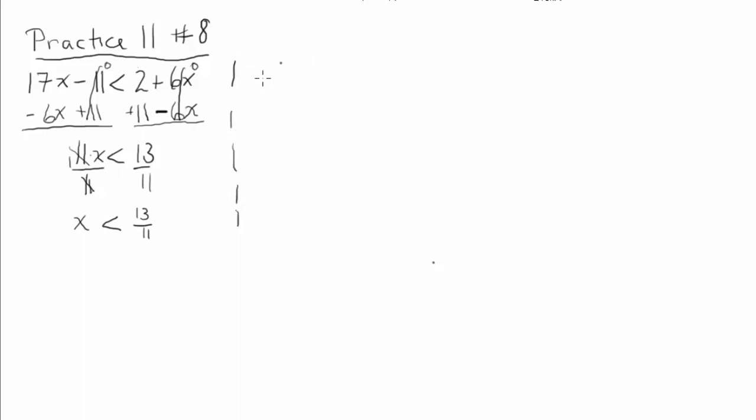But I just want to show you what happens if I decide instead to move the x's to the right instead of the left, because that is also valid. So I would do that by subtracting the 17x on both sides.